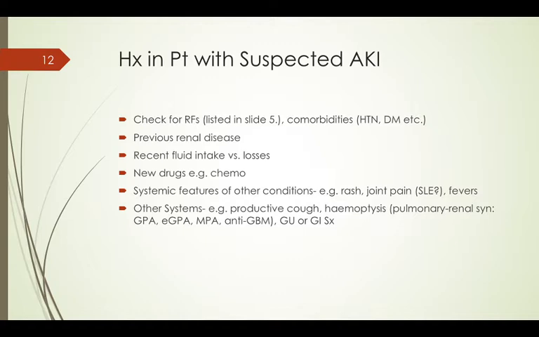The clue is often hemoptysis, and the causes of pulmonary renal syndrome include GPA and eGPA, so GPA formerly known as Wegener's, eGPA formerly known as Churg-Strauss, microscopic polyangiitis, and Goodpasture syndrome, anti-GBM. And also we've got to think about other GI symptoms.